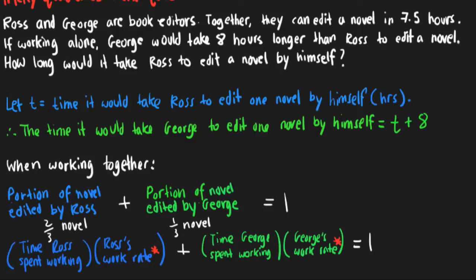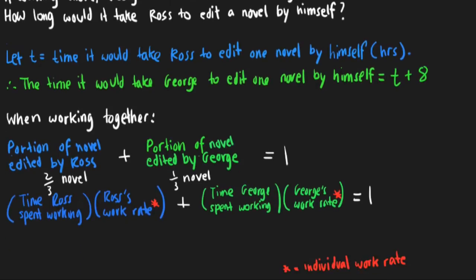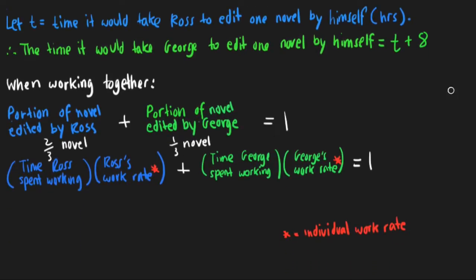We can expand this a little bit further as follows. So the portion of the novel edited by Ross is the time that Ross spends working multiplied by Ross's work rate. Okay, the units for work rate are, in this case, novels per hour.